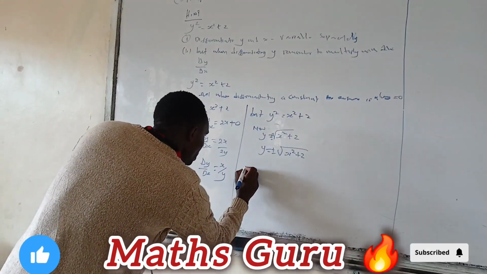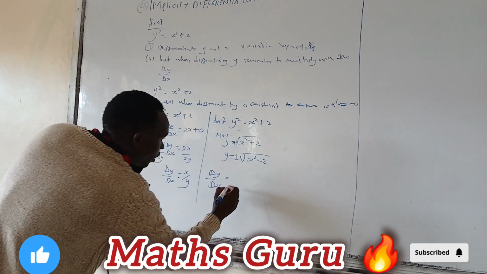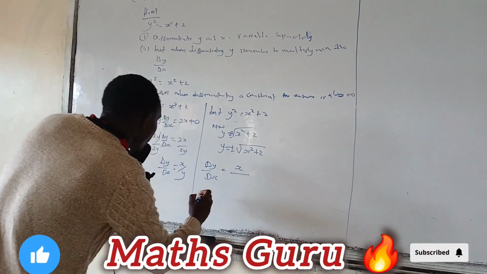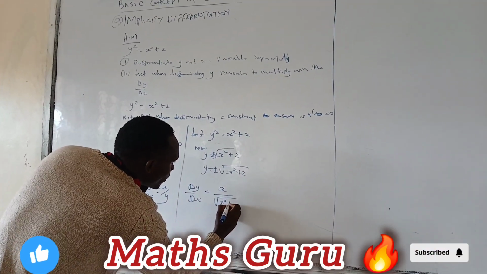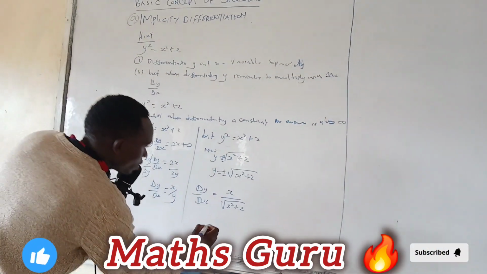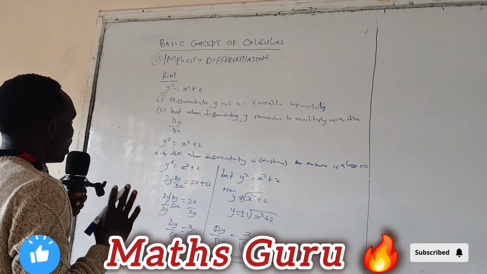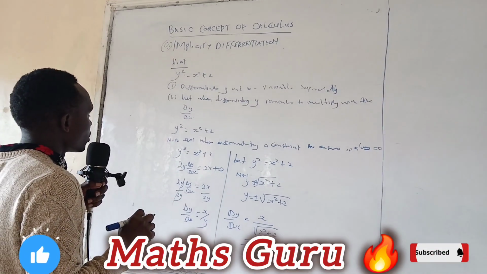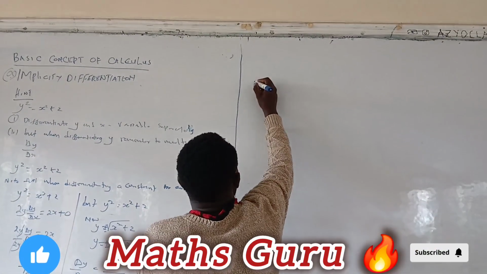Now change in y over change in x is equal to x over y, and y is the root of x squared plus 2. So this is my final answer when I'm using implicit differentiation.